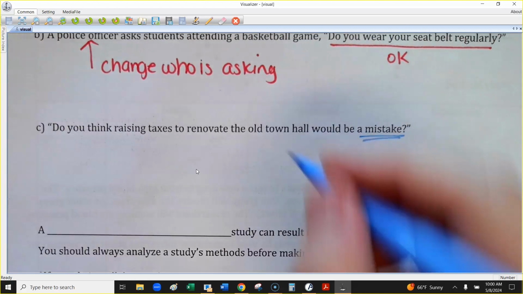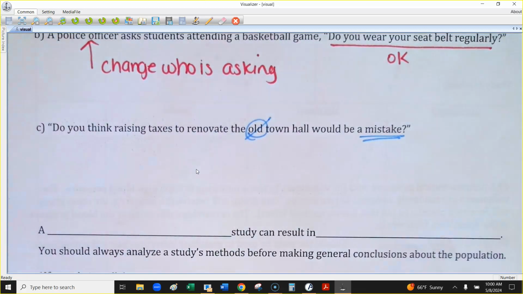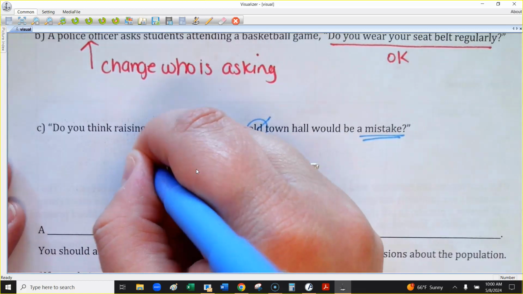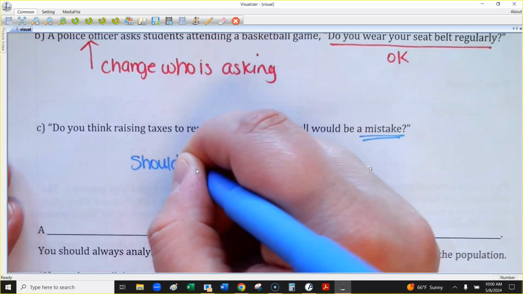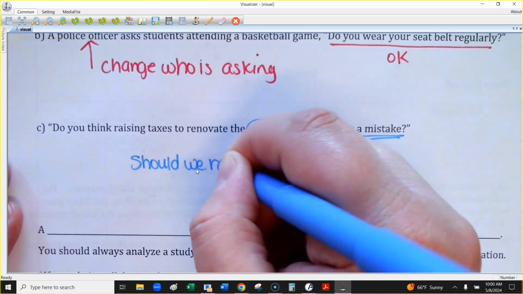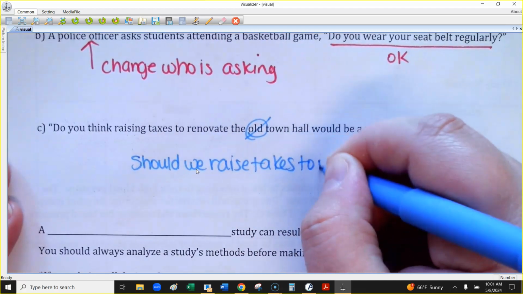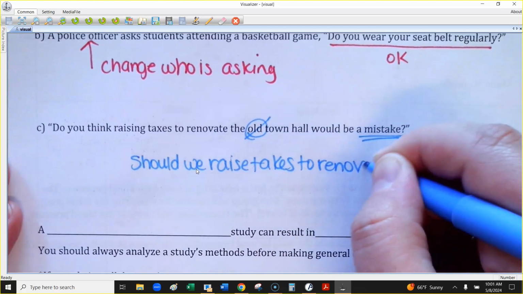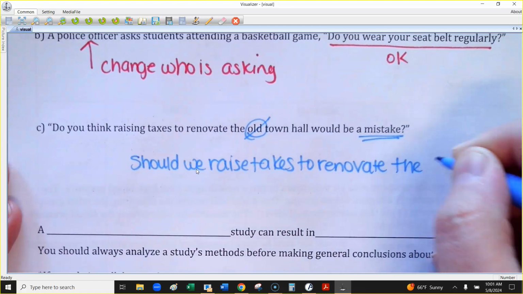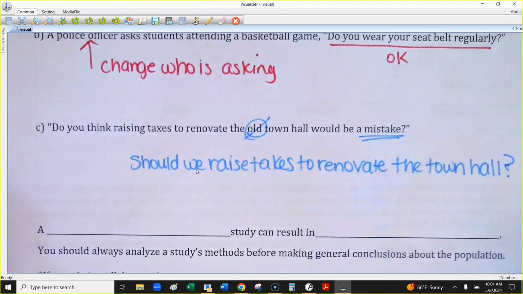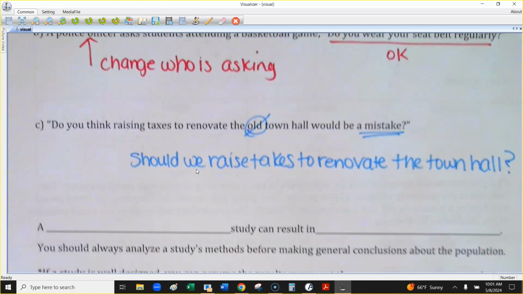Yes, that also might be a little bit biased. So maybe what I would say here is, should we raise taxes to renovate the town hall? Just trying to remove any inflammatory language or anything like that.